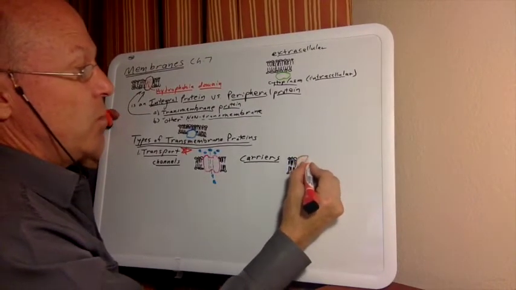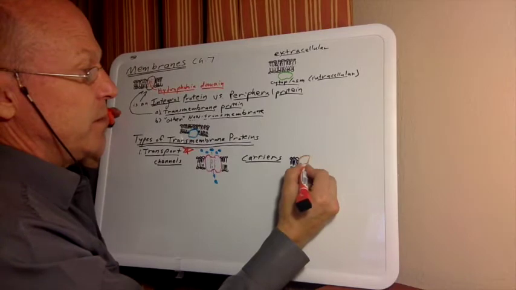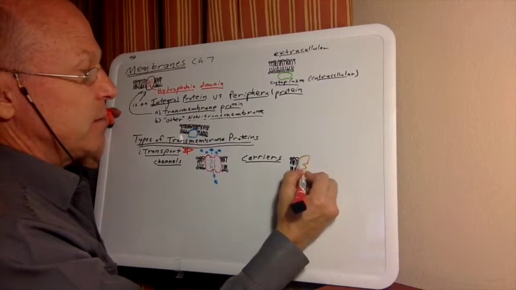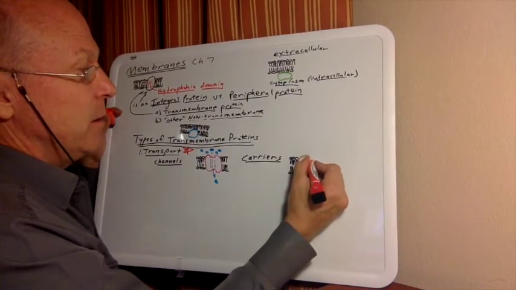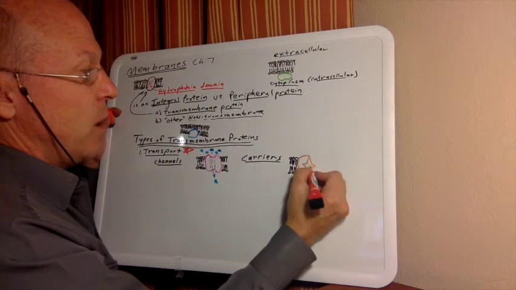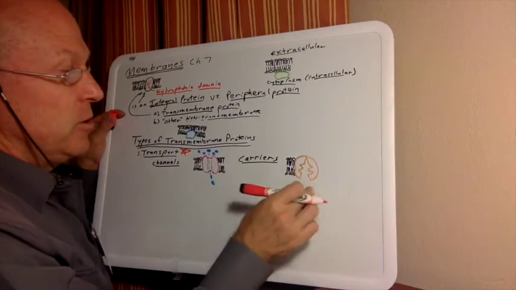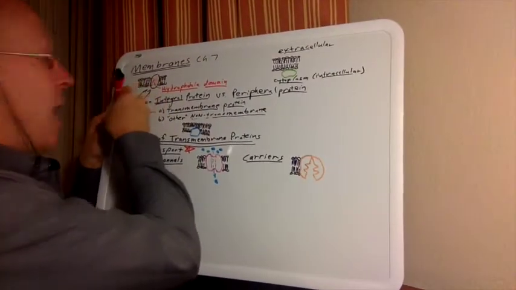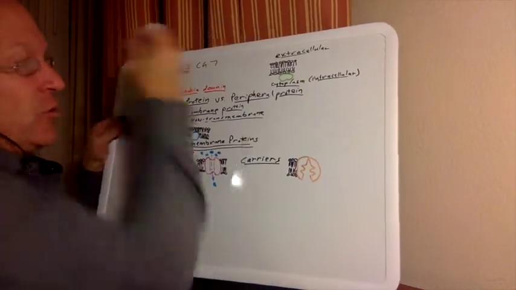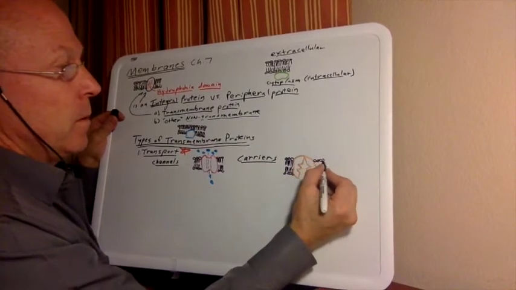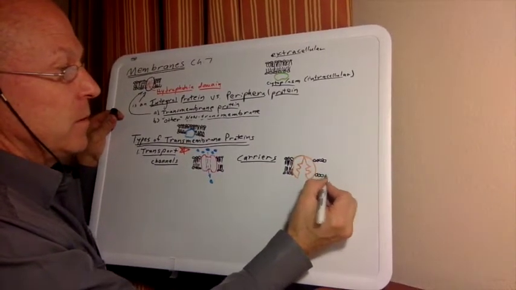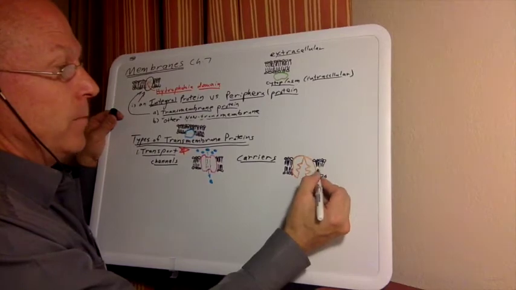So this thing goes all the way through, but you'll see that it has binding sites of sorts on the inside. And as drawn, this thing is open to the intracellular part, but it's not open to the extracellular. So this is how this thing works, or looks anyway.